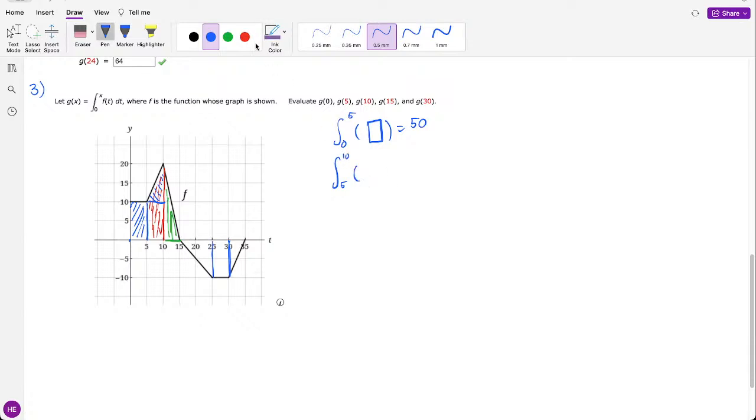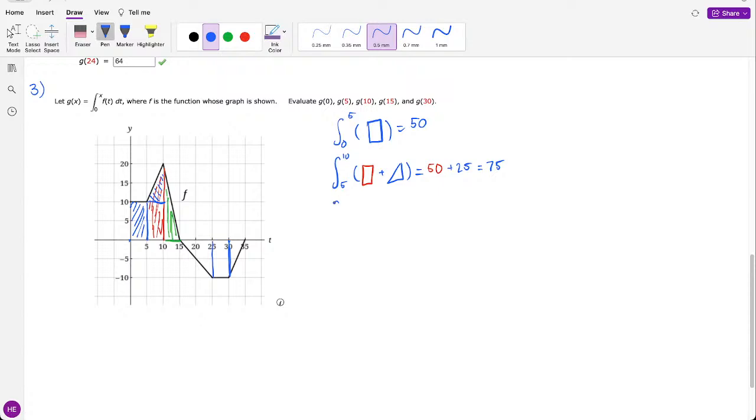This will be both the red square and the top blue triangle. The red square is the exact same, so that'll be 50. And the blue triangle is the same divided by 2, so that's 25. So that equals 75.